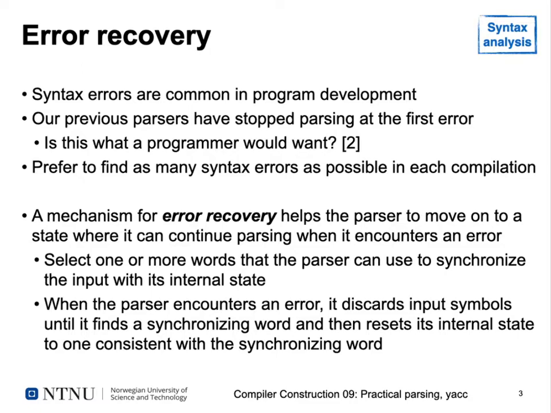When the parser encounters an error, the first one or a subsequent one, it then discards the input symbols until it can find such a synchronizing token or word. And then it can start by resetting its internal state to a consistent state, and that is one that's consistent with the synchronizing word.